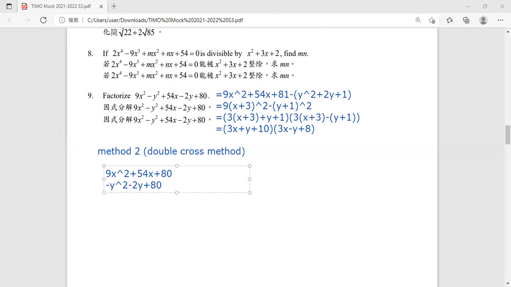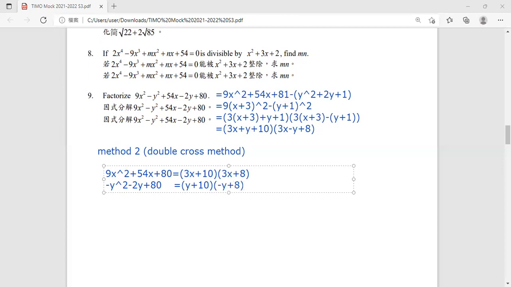Now I use the cross method to factorize these two first. How can I do the first one? You can find this one. Now if I use the cross method on the lower part, it will be y plus 10 and negative y plus 8.